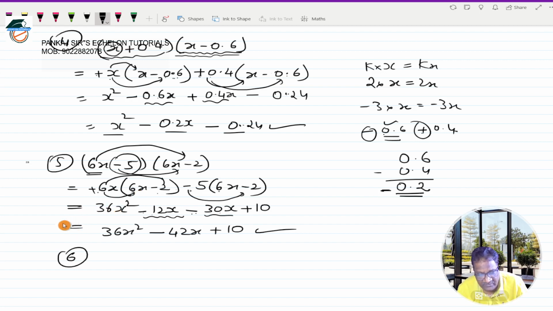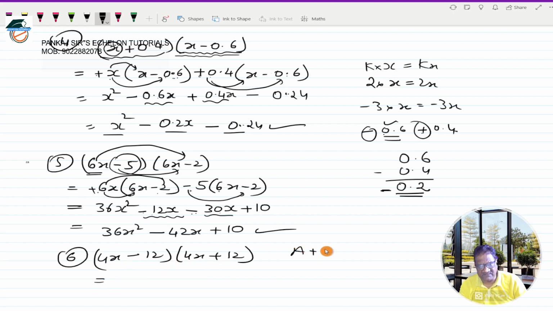Let us try to find out this product, 4x minus 12 into 4x plus 12. Now this is a very simple one, because I told you this is similar to that third identity. Remember that third identity, a plus b times a minus b. Okay.